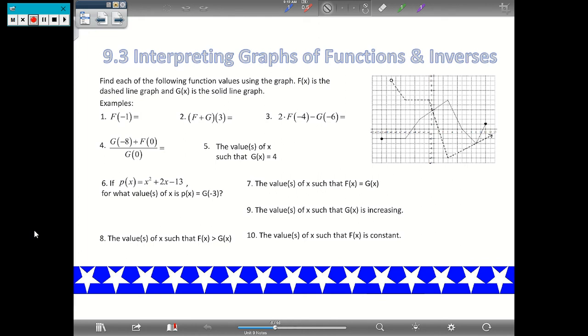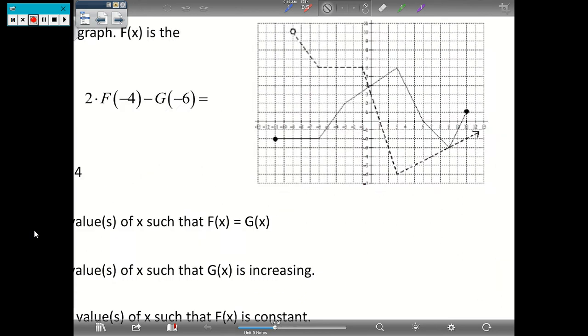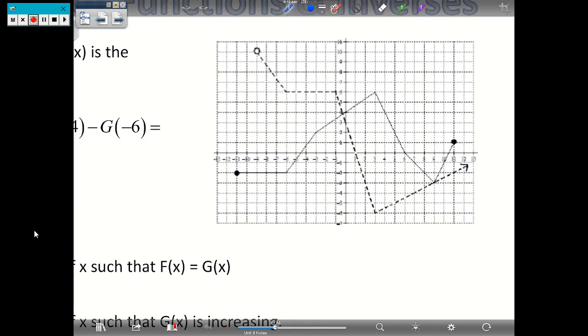So on this particular graph right here, f of x is the dashed line, and g of x is the solid one. When we read through the questions, we just need to pay attention to which graph we're referring to.